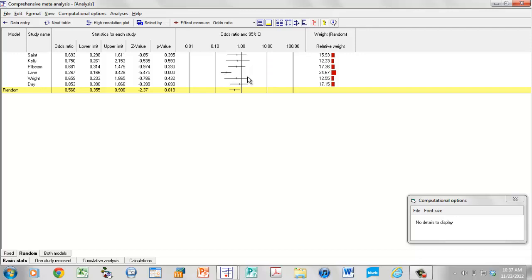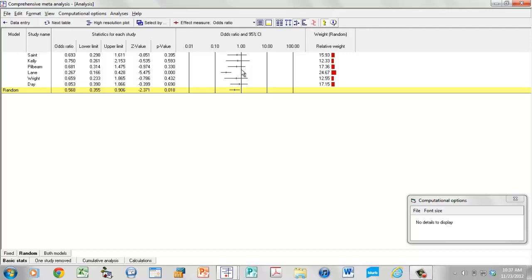To put that a little bit differently, even if all of the studies shared a common effect size, we would not expect them to all have exactly the same effect size in the observed data, because there's going to be random sampling error within each study.